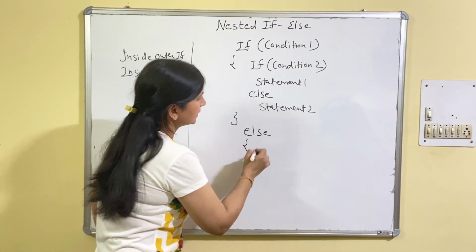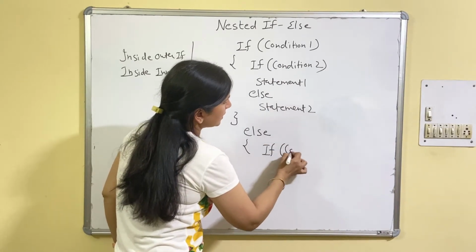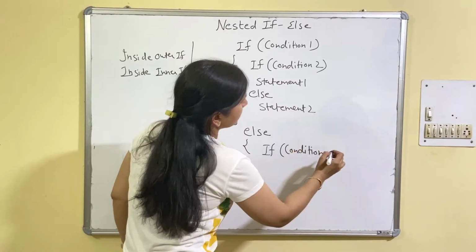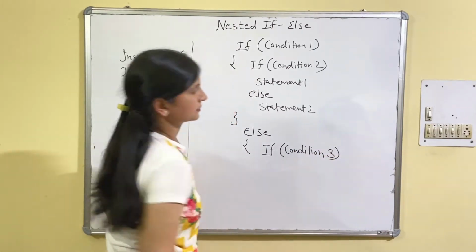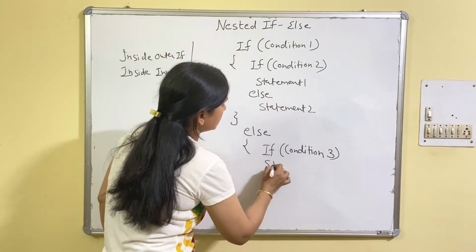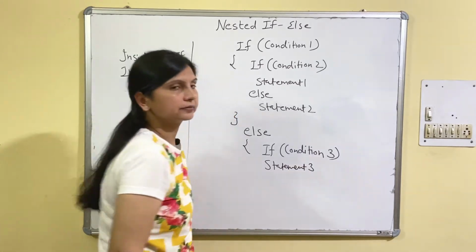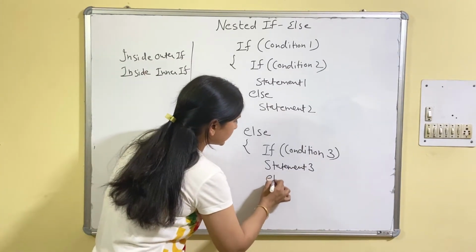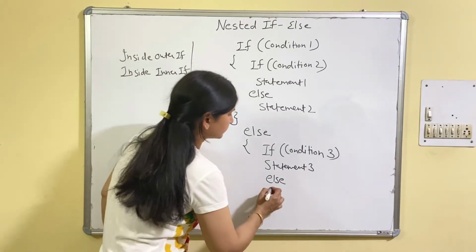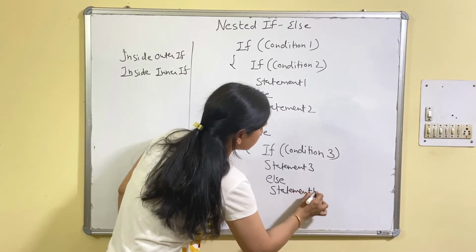In the else part, again we can check if condition 3, then statement 3 will be executed. Otherwise, this is the else of this if, statement 4.